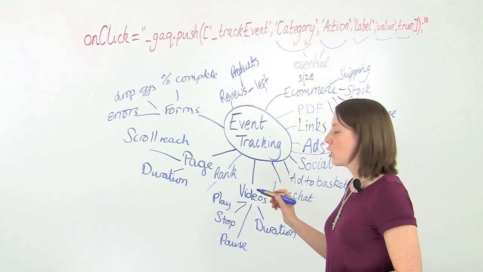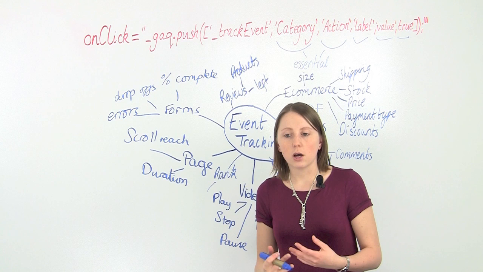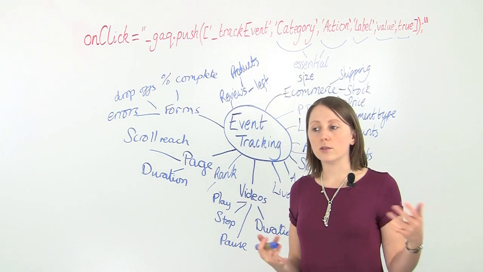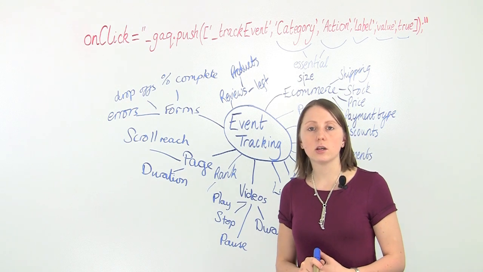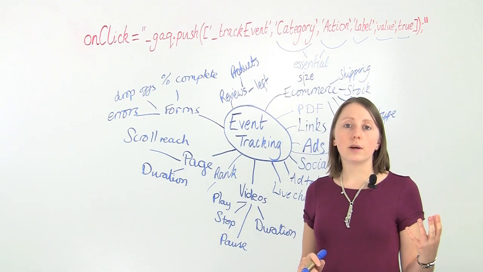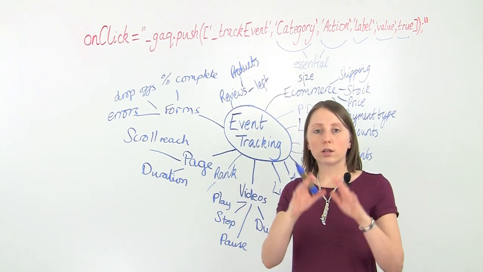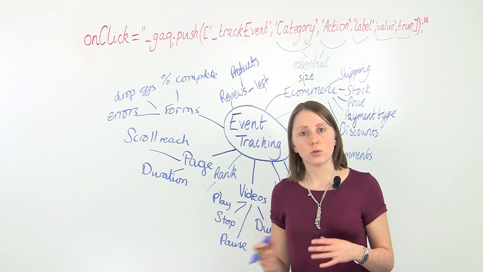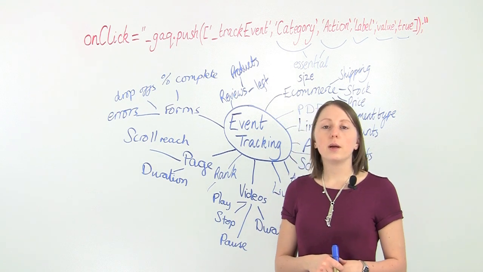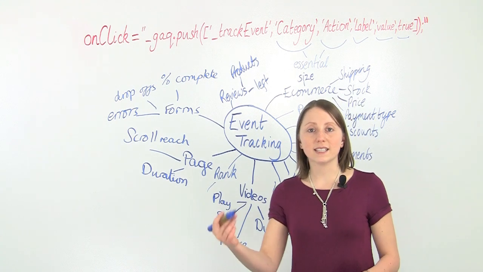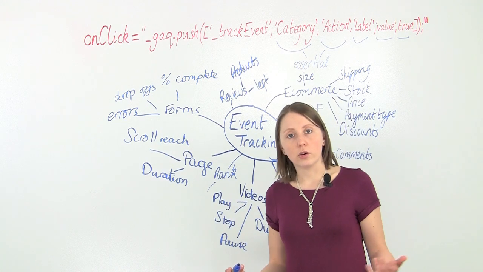Other things that you could be tracking are if you're really into doing a lot of SEO and you want to see the results of different types of pages, perhaps you could label your pages based on your SEO score, a sort of number given to you by tools such as Ecommerce tools. You could categorize, label each of your pages with what your SEO score is, and then find out which ones are performing better than others. Maybe you would find out that anything with a score less than 40 doesn't bring in much organic traffic, whereas those above would.